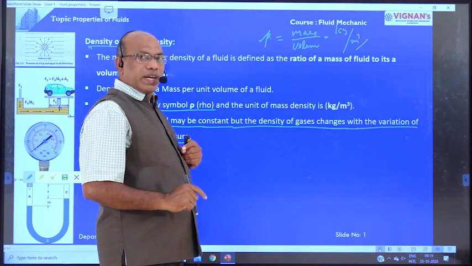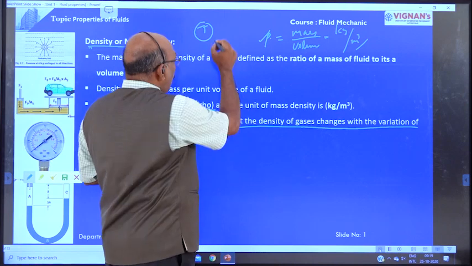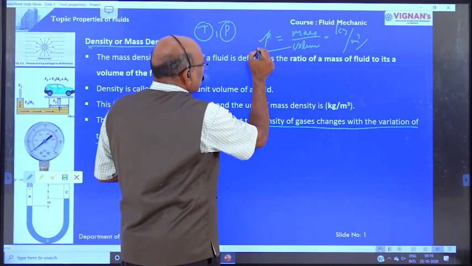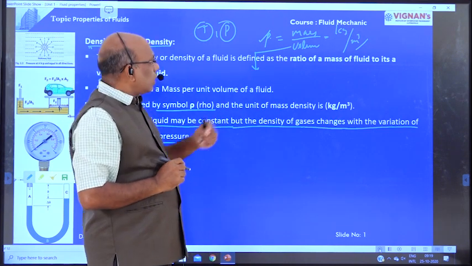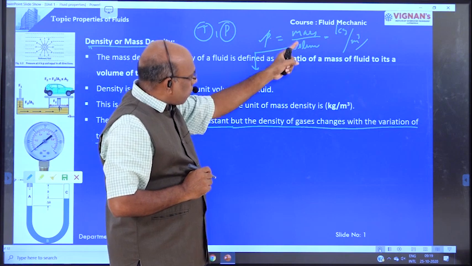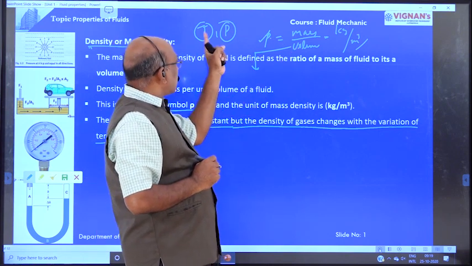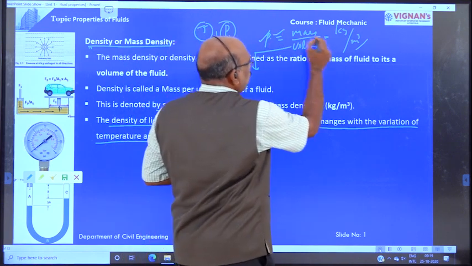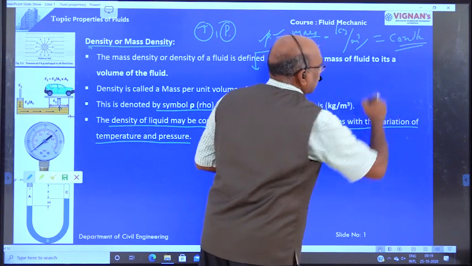In the case of liquids, with any change of temperature or pressure, the volume change is very small. Therefore, there is no significant change in the volume because of changes of temperature and pressure, so mass density is almost constant in the case of liquids.